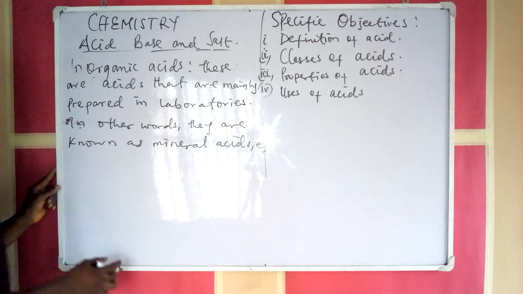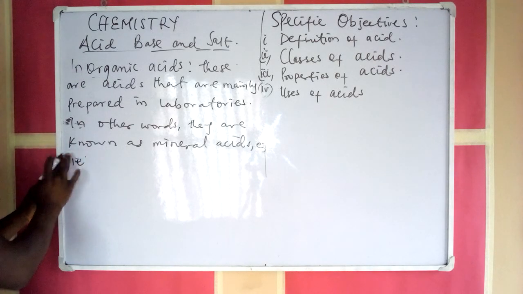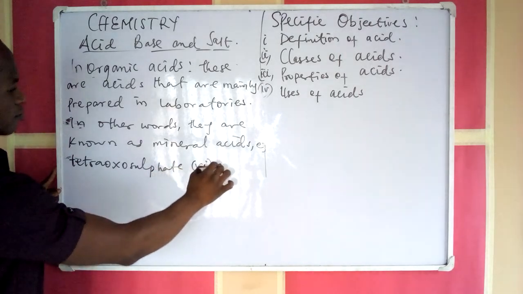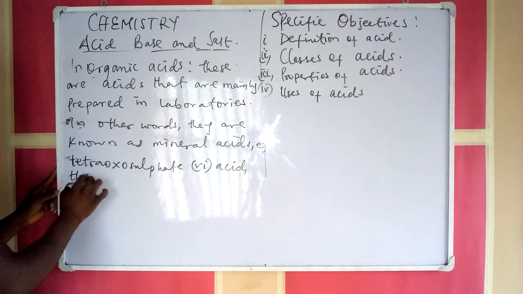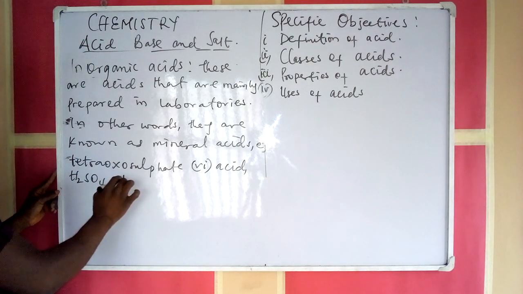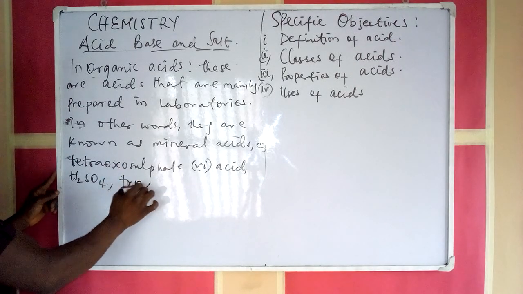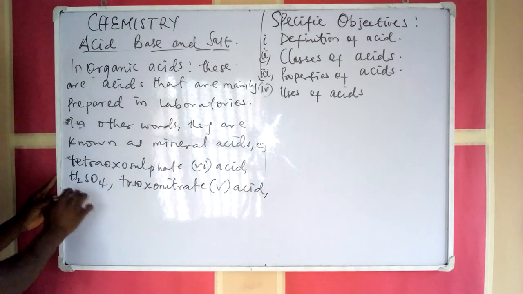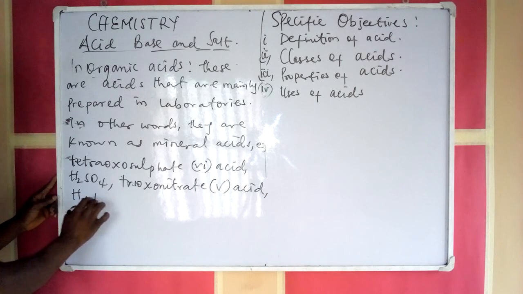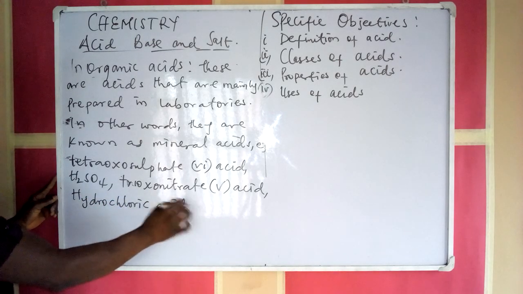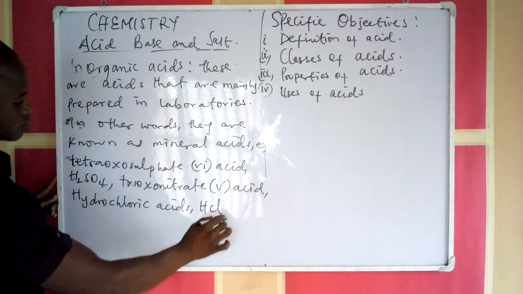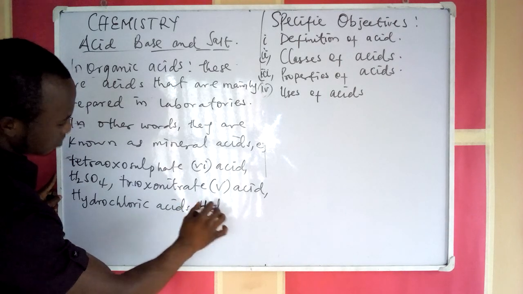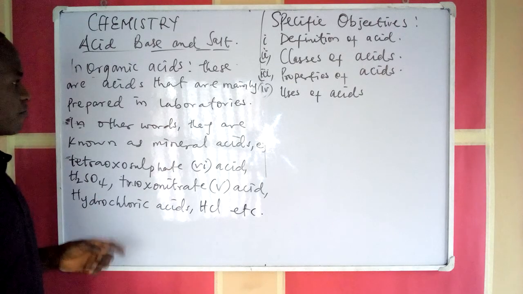Examples of mineral acids include tetraoxosulfuric acid, trioxonitrate acid, hydrochloric acid, HCl, hydrofluoric acid, hydrobromic acid, etc. We have many examples of mineral acids.